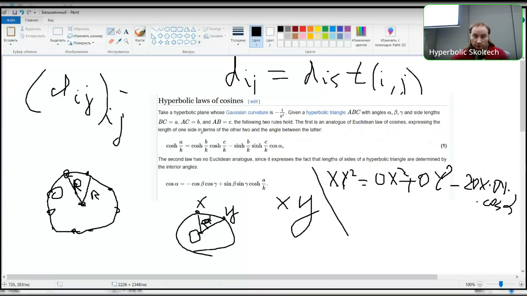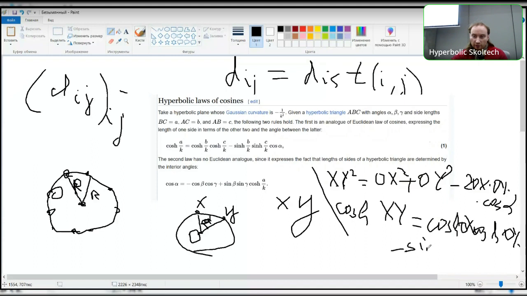For hyperbolic geometry you will have something like this: the hyperbolic cosine of xy equals, roughly speaking, hyperbolic cosine of x times hyperbolic cosine of y minus hyperbolic sine of x times hyperbolic sine of y multiplied by the usual cosine of alpha.